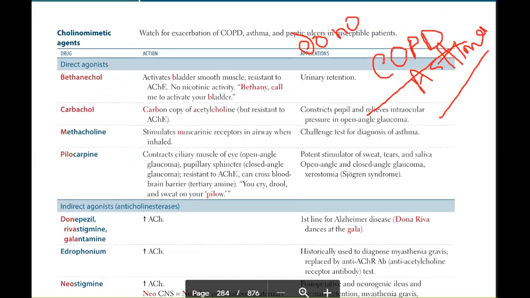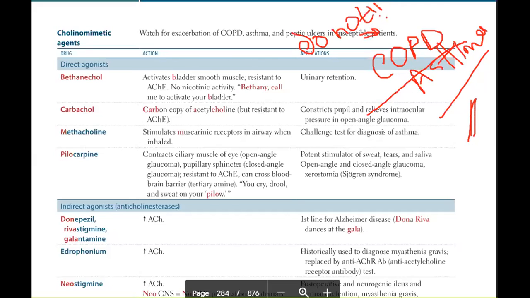Never ever give these drugs to these two patients. What is the reason? Because these are obstructive lung diseases. The bronchioles of the patient are already obstructed and narrow, there is no passage of air to pass freely, and they are having difficulty in breathing.